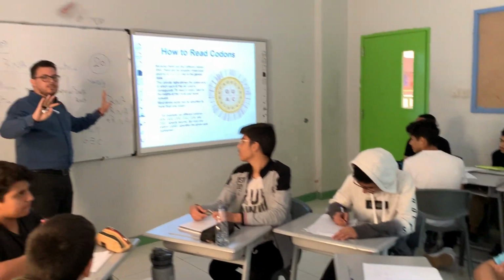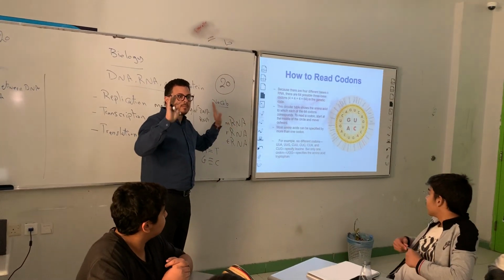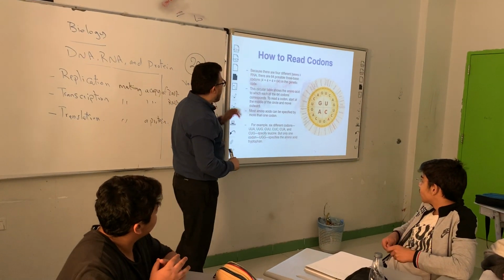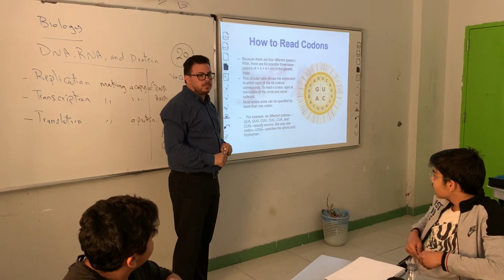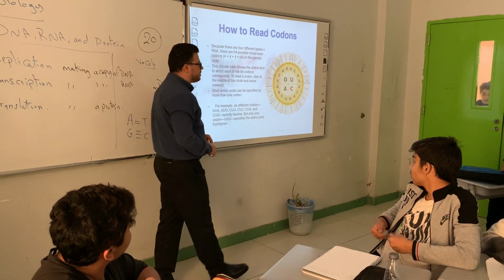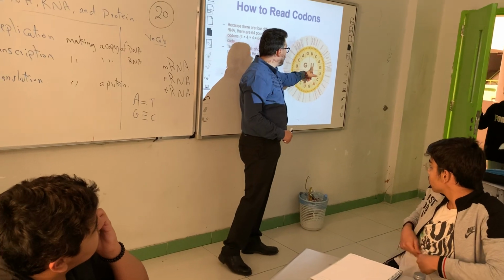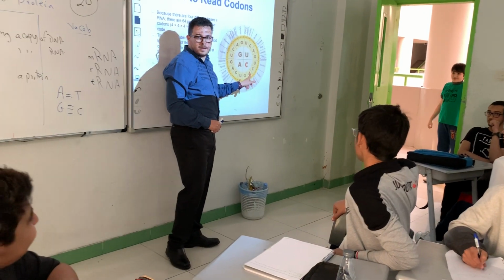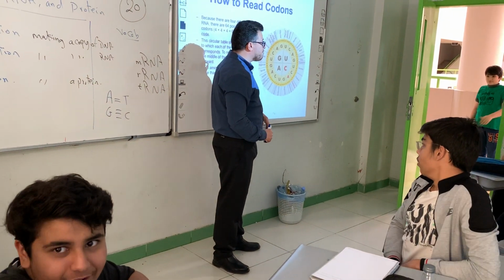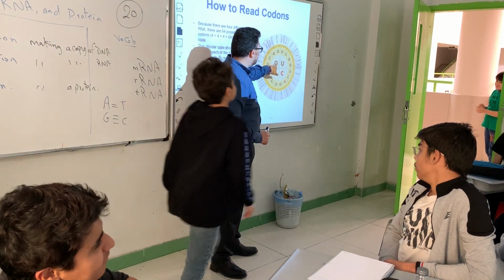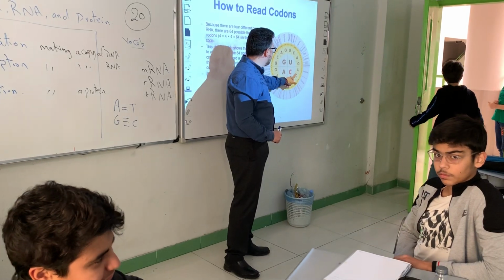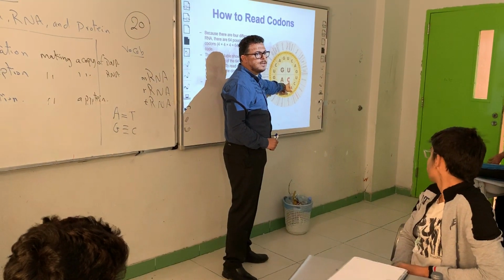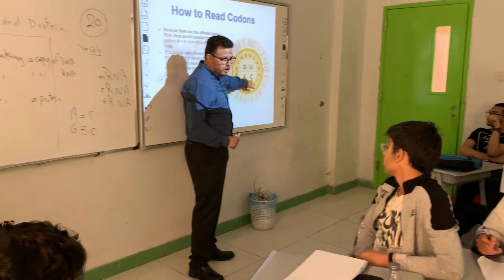Okay, good. The last thing, look at the board, guys. The last thing in our lesson today is how to read the codon. How many nitrogen bases do we have? 4. We have only 4 here. So, G, U, A, and C. This is in case of what?